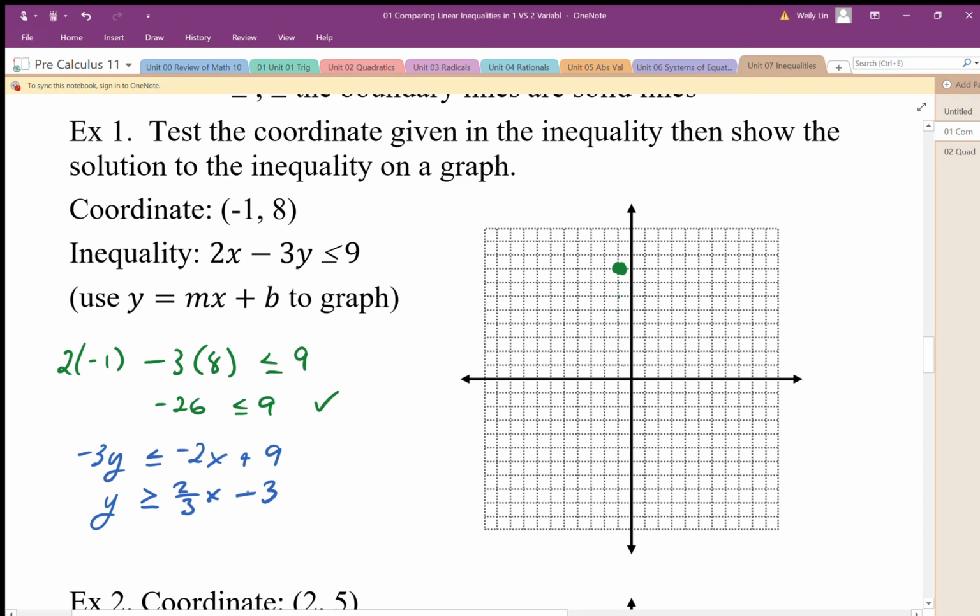We also have to keep track of our pluses and minuses in this case. So my boundary is going to be a slope of positive 2/3 and a y-intercept of -3. Positive 2/3 is going to have a slope that looks like this.